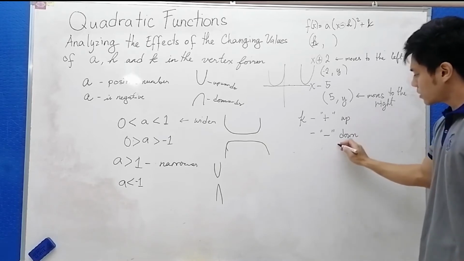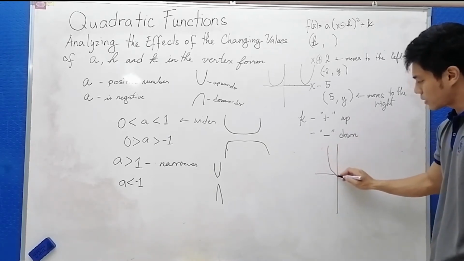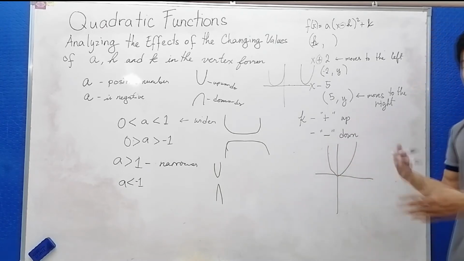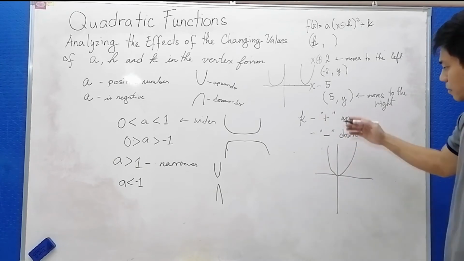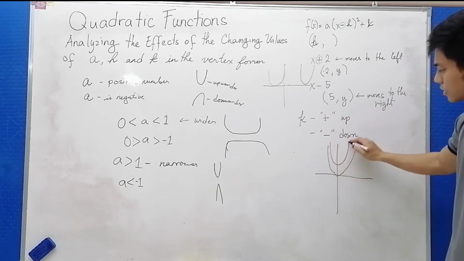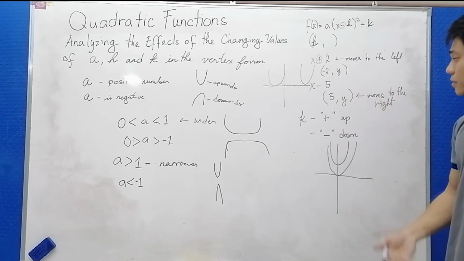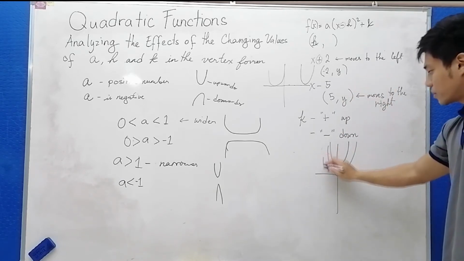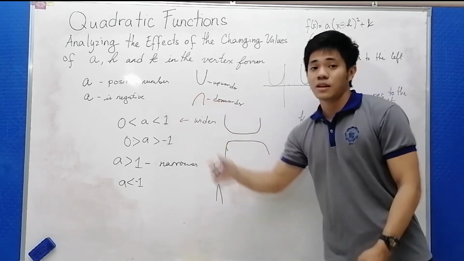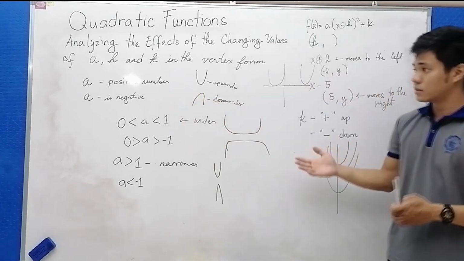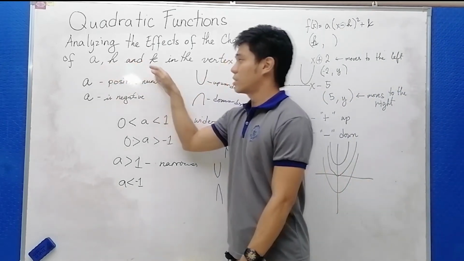So an ordinary parabola in a Cartesian plane will be at the original point 0, 0. But if it has a positive k, the parabola will shift upwards. But if k is negative, it moves downwards. The direction of the parabola will vary because of the a. So these are things we can learn just by looking at the vertex form from a, h, and k.